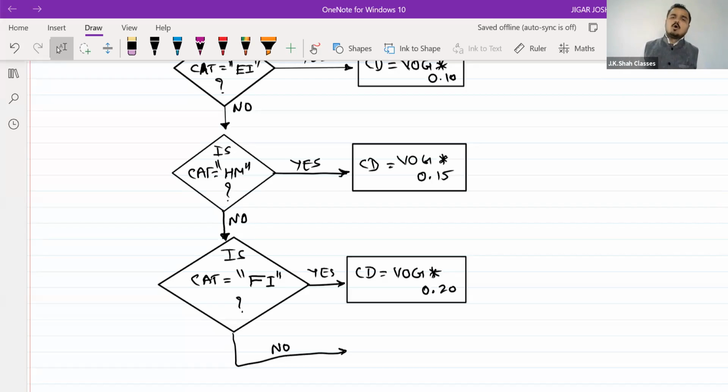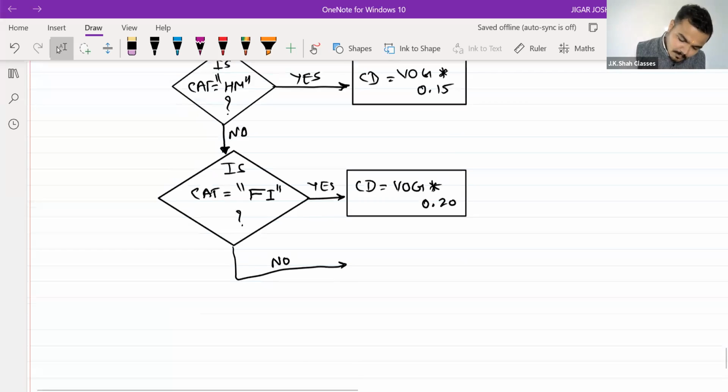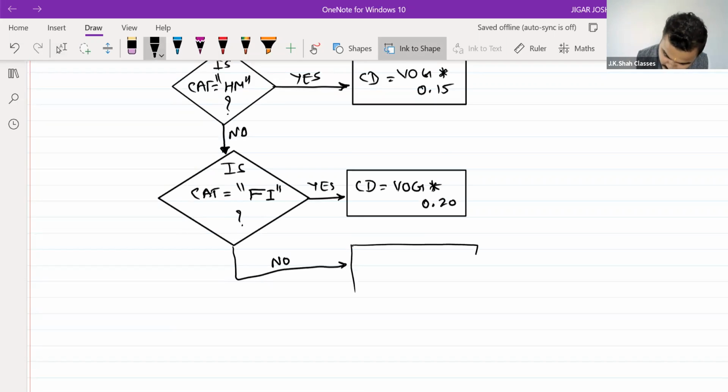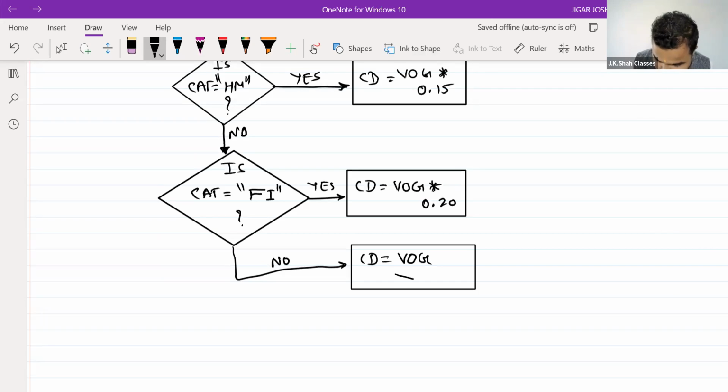So whenever two options are available, one decision box will be there. Here we are having how many options? Four options. So how many decision boxes will be drawn? Three. Here we will make another CD is equal to value of goods into 0.25.